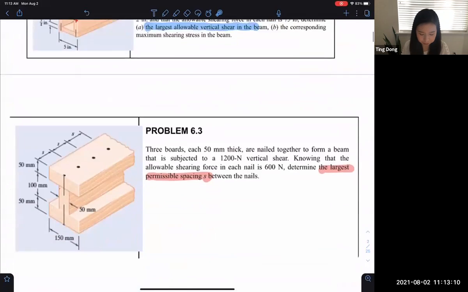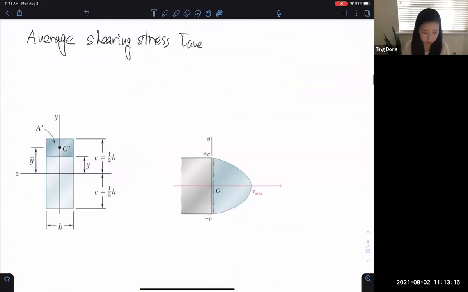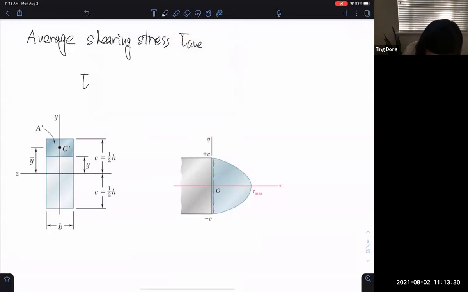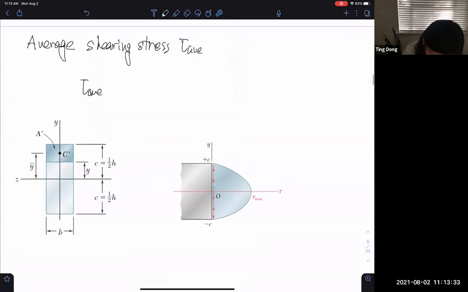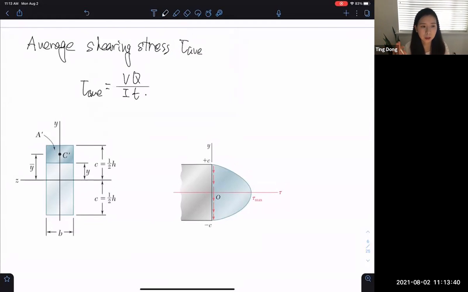Okay, so for chapter 6, the second very important topic is the shear stress. So the general equation we used is tau equals VQ over It. We derived this one, and when we say average, it means average in this direction.